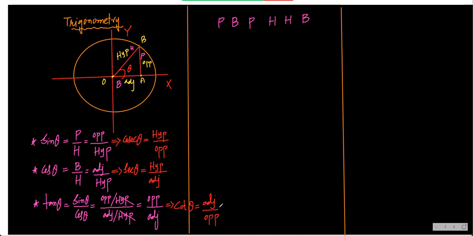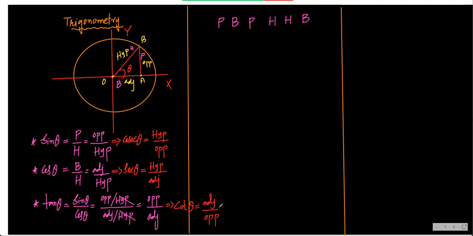Just look at it once, have a good look. Look at the values of sin theta, cos theta, tan theta once. Go through this and the concept will be complete in our discussion today.